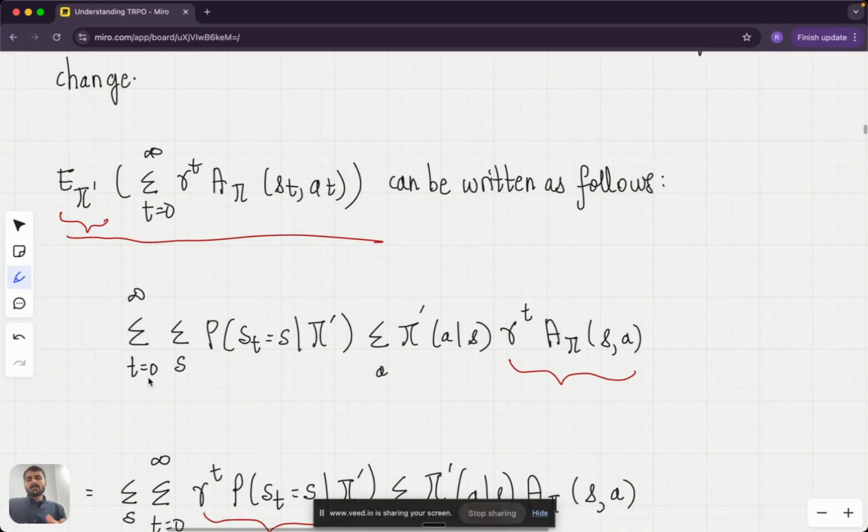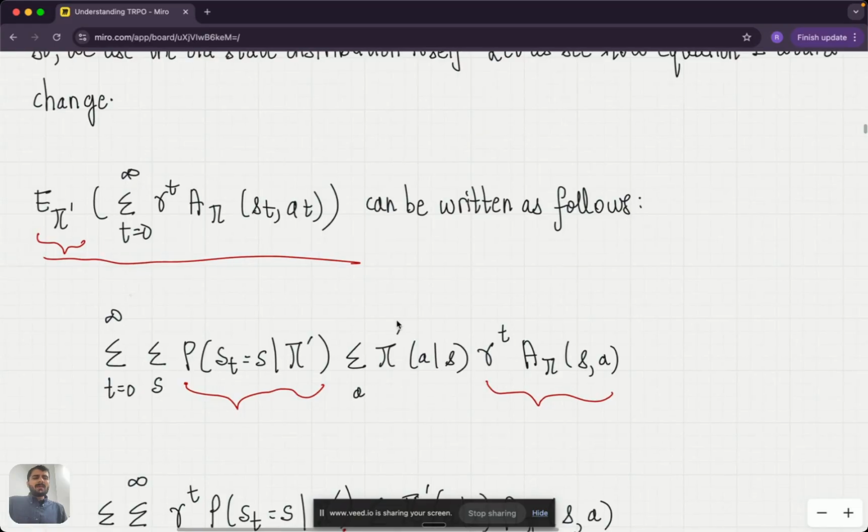This is a common trick used in probability: if you want to replace expectation by a summation, you first see the probability of visiting all these states, so the probability that the state is visited under the given policy, and then sum them up over all these states, and then you sum this up over all actions as well. So essentially, we have replaced this expectation by two summations. One is the summation over all the states, and second is the summation over all the actions.